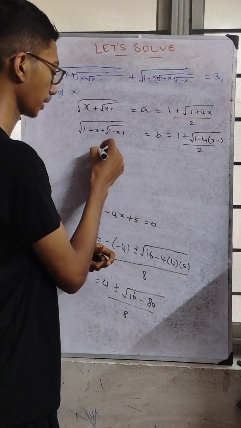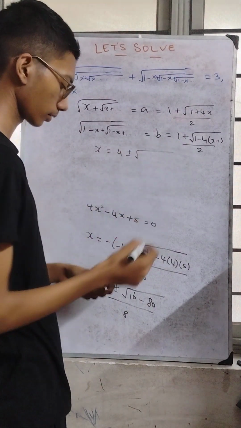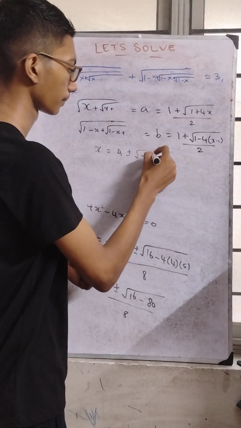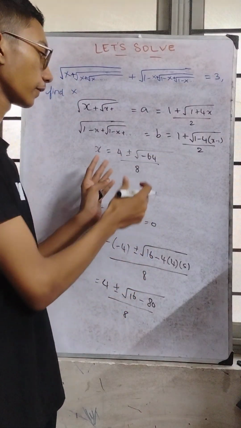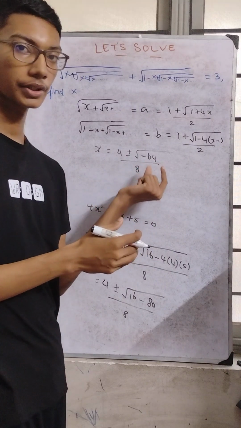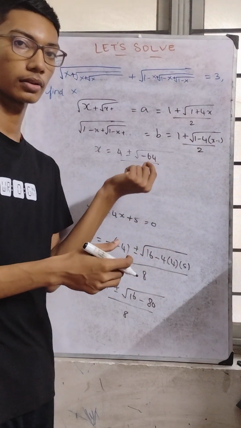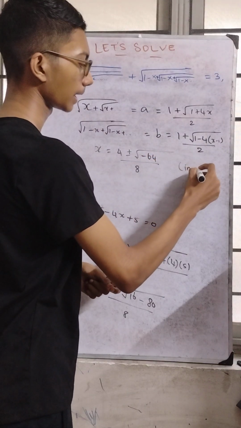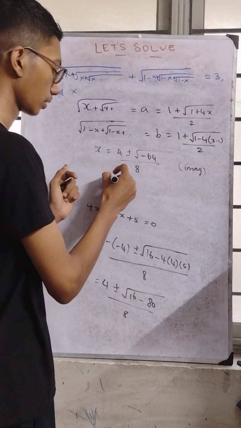So we have x equals 4 plus or minus root 16 minus 80, which is minus 64, by 8. So this is what we have. Now if you see this, the discriminant is minus 64, which means it is less than 0. So we only have imaginary solutions for the value of x.